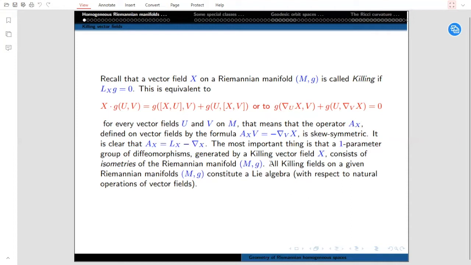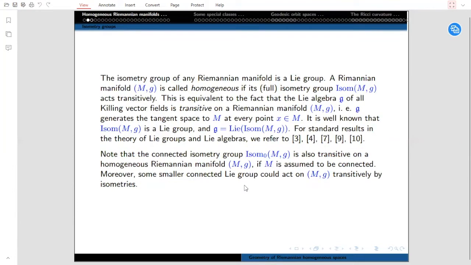Another very important property: all Killing fields on a given Riemannian manifold constitute a Lie algebra with respect to the natural operation of vector fields. It's also very, very important. Now, the isometry group of any Riemannian manifold is a Lie group.